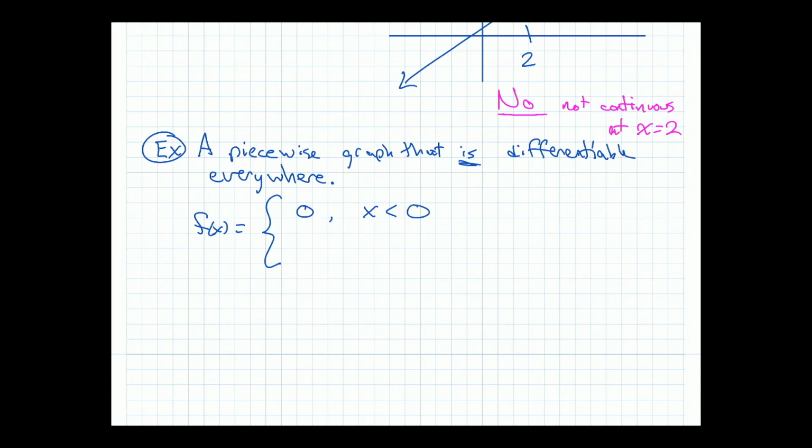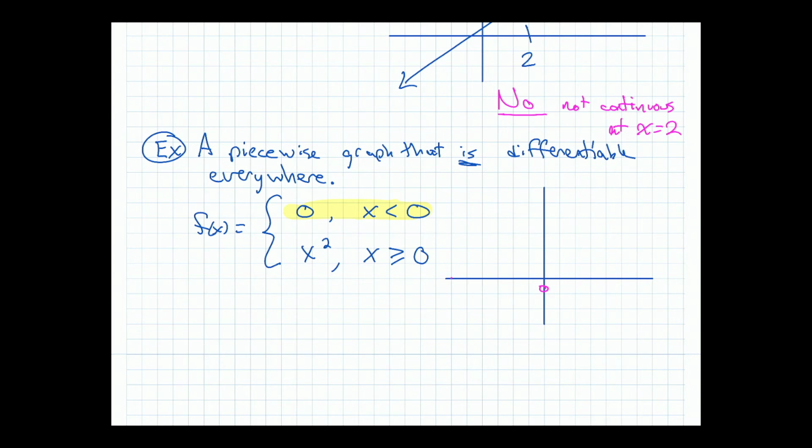And then x squared when x is greater than or equal to 0. Okay, and so what this graph looks like, if you draw it, is this. So you've got 0 here. On the left side, the function is just 0.